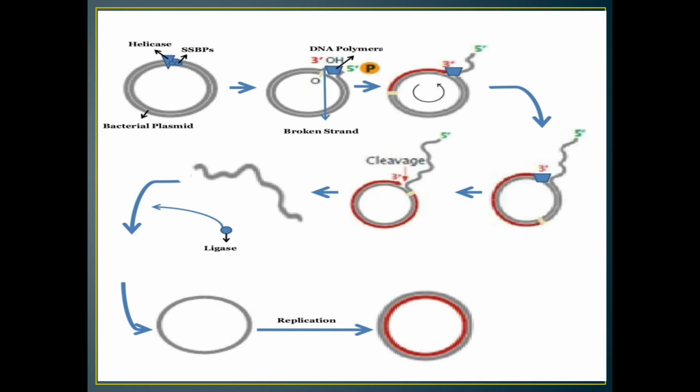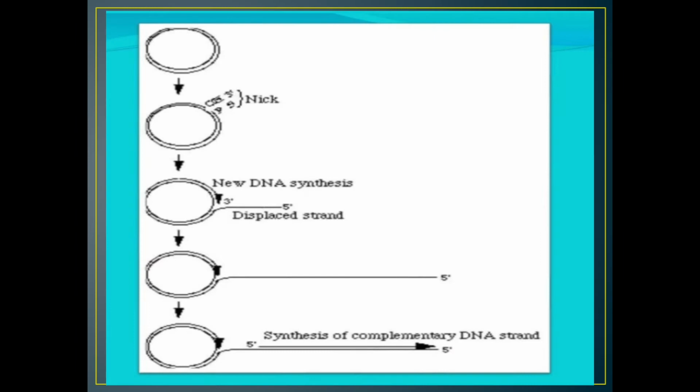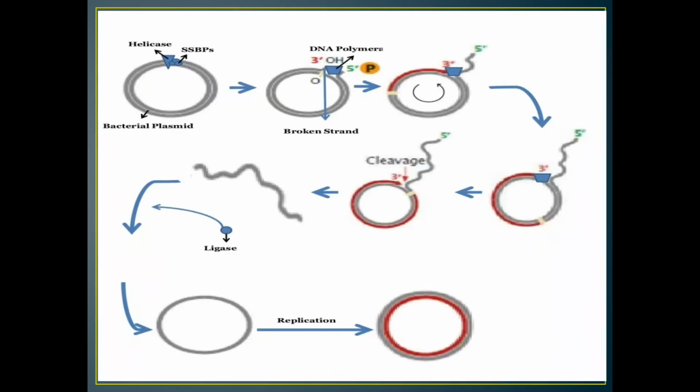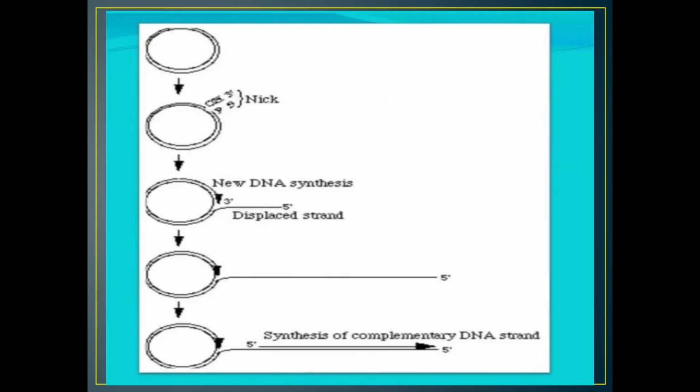Then with the help of ligase, that 5' end became a linear, single-stranded DNA, and after the replication it became double-stranded DNA. So this is the process of the rolling circle model. It has also been shown in a downward model.